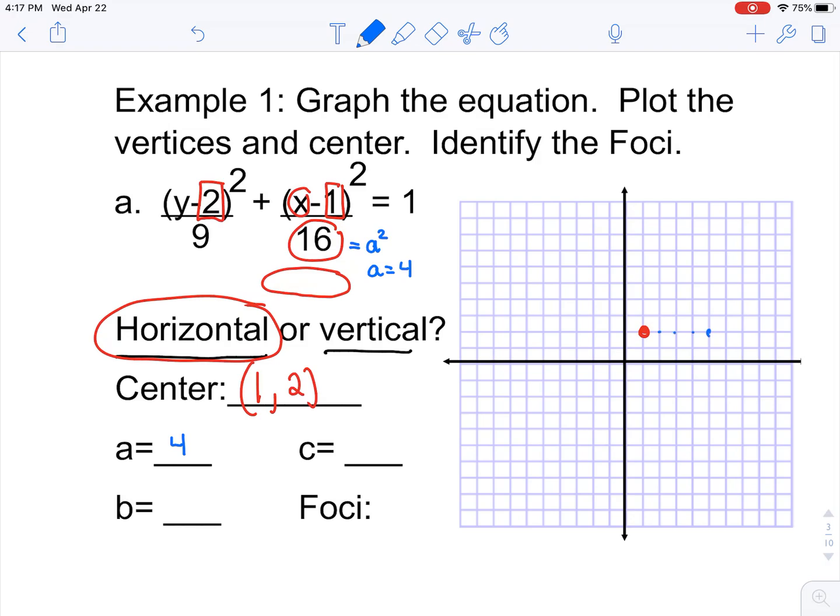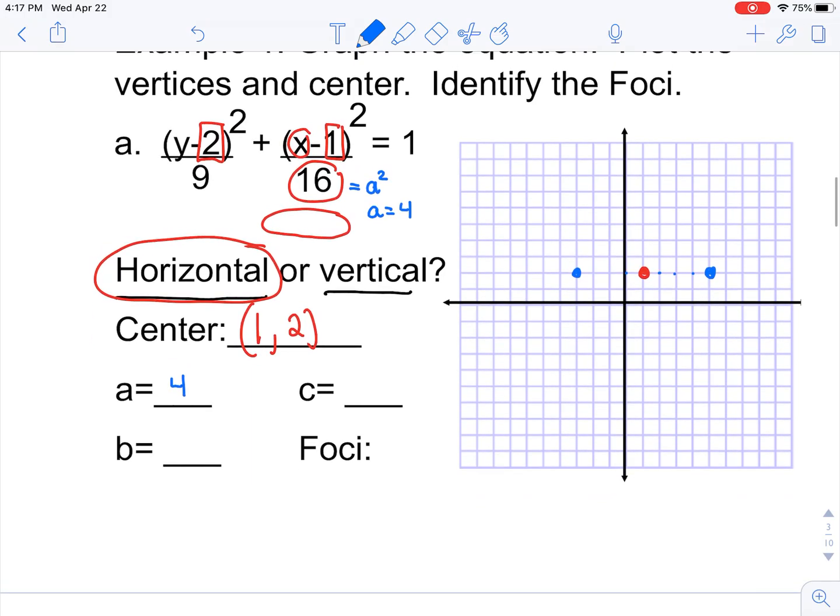So 1, 2, 3, 4, and 1, 2, 3, 4, and we can identify these points here. Our vertices are at (5, 2) and our second vertex point is at (-3, 2).